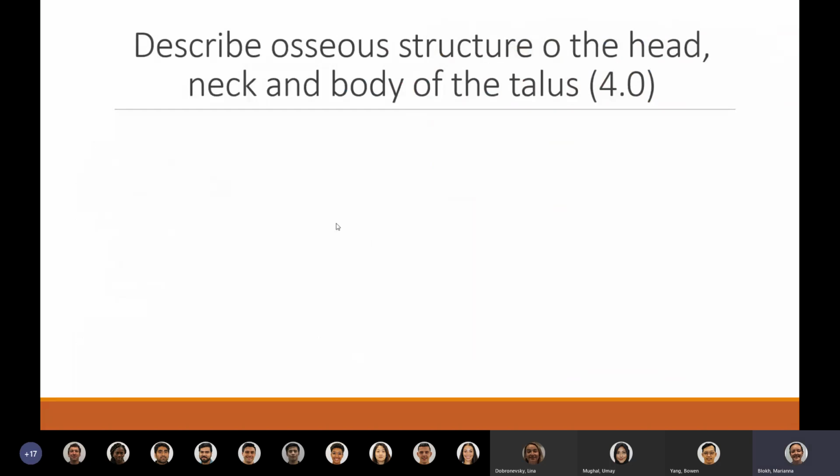All right, so let's go over the osteology quick. So a high yield thing is describing the osseous structure of the talus. They do like to ask questions about the talus. One thing to note is please review your vascularization of the talus. Vascularity, it's always a question or two that pops up, and the presentation of the question is usually in the form of, hey guys, a motor vehicle injury occurred, and imaging showed that the talar neck has a fracture along so-and-so, and they will discuss risks about avascular necrosis, things like that.